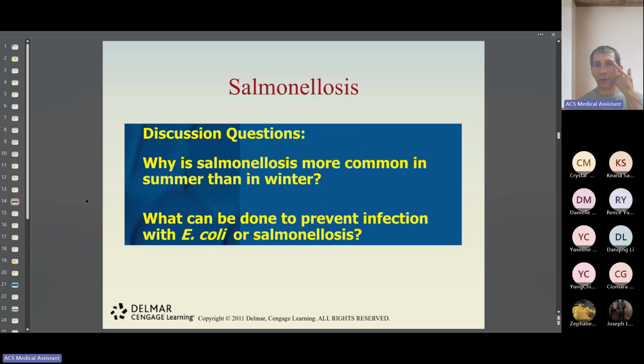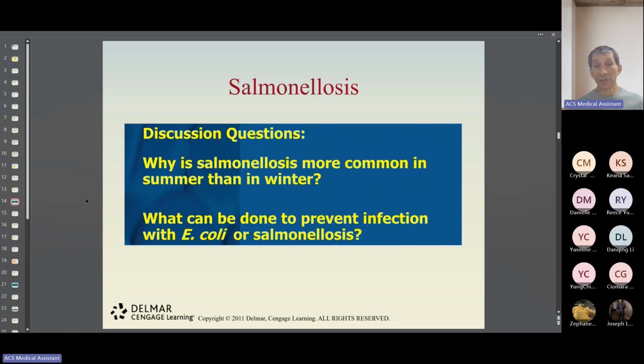What can be done to prevent infection with E. coli or salmonella? Well, to prevent it, if you're preparing this food, it's a different issue. But unfortunately, sometimes you get this food from someone else. So you need to understand what's going on.